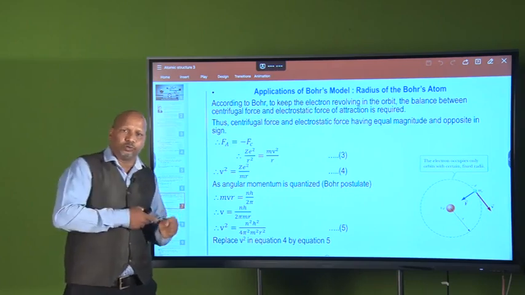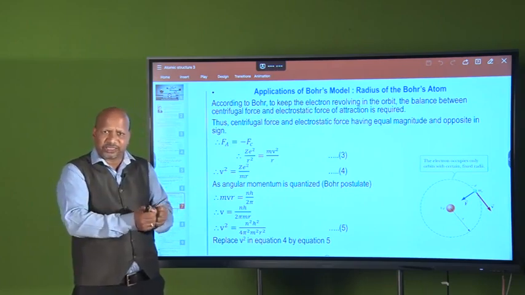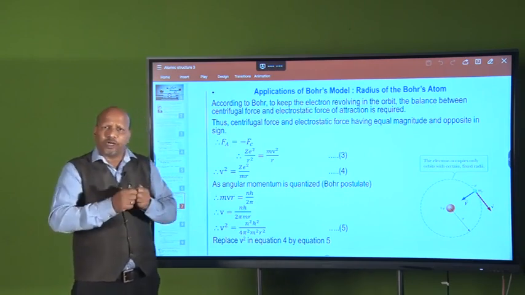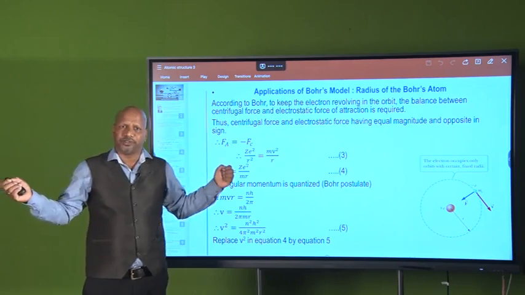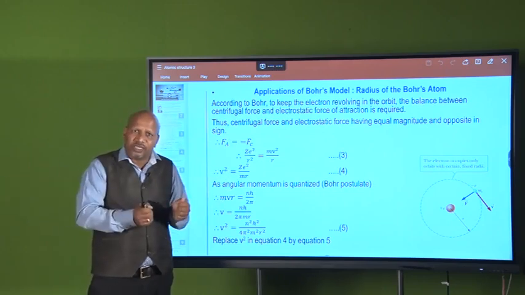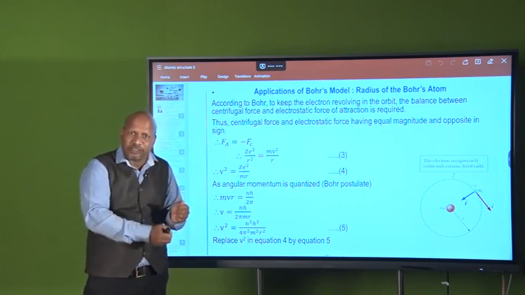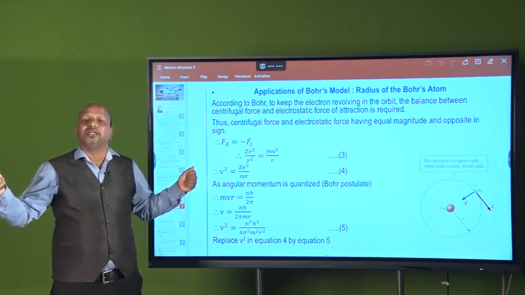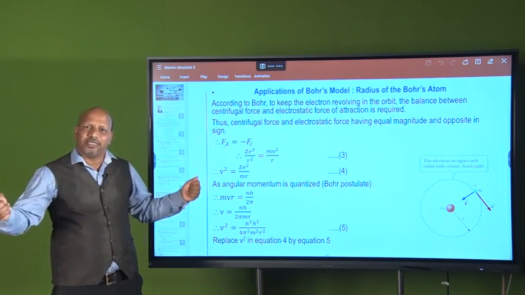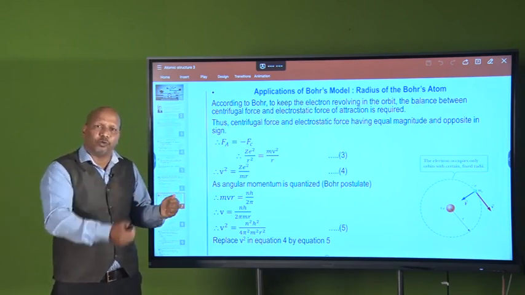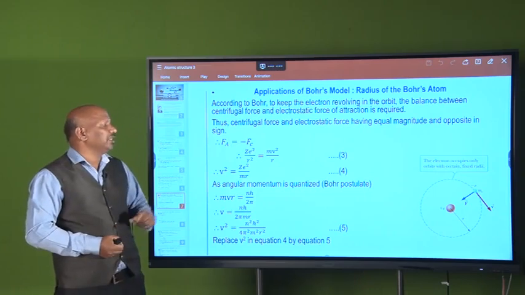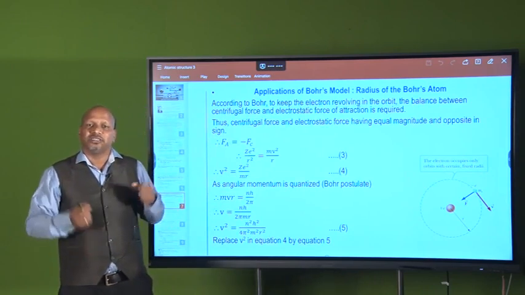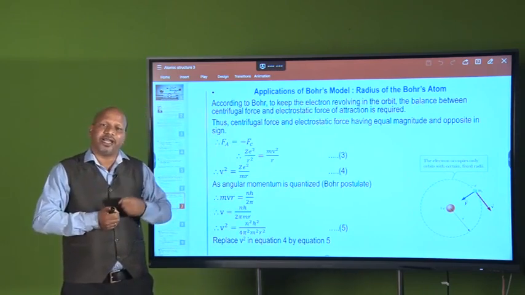It does not go to the nucleus even though positive and negative charges attract, and it does not go away from that orbit either. If the electron comes toward the nucleus, the centrifugal force acts on it and repels it. If the electron goes away from the orbit, the electrostatic force of attraction acts and brings it back to that orbit. For this purpose, these two forces should have equal magnitude and opposite sign.